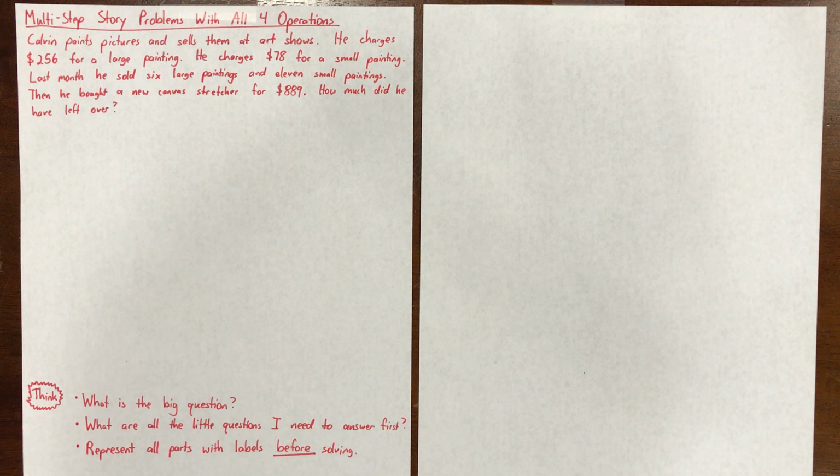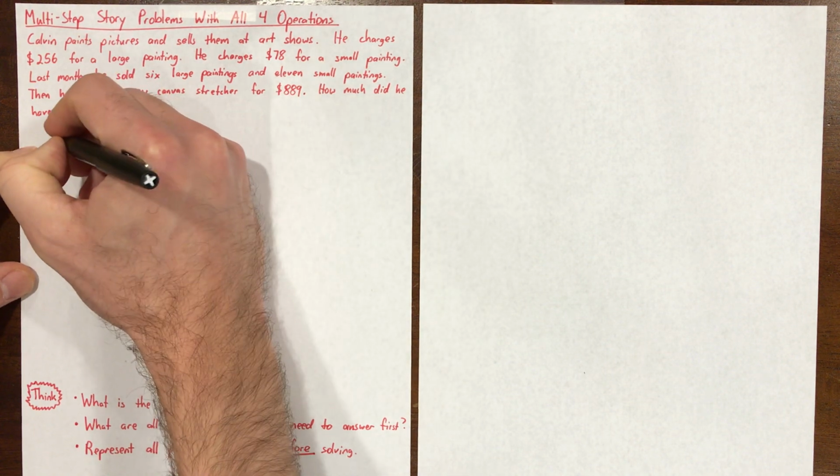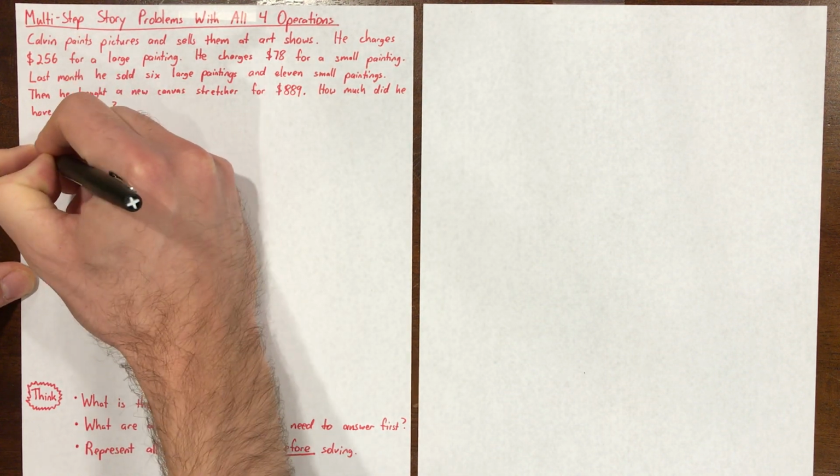Right, how much money does Calvin have left after he buys a new canvas stretcher? And how did you represent that? Say it out loud. Yeah, there's a lot of ways that you could do it, but they all have to show the cost of the stretcher being taken away from the total amount of money that he had.